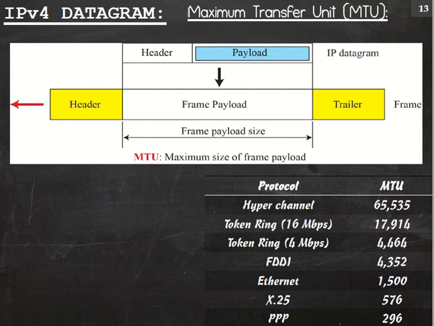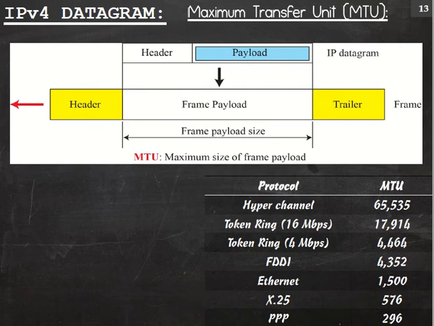One of the features of each format is the maximum size of the payload that can be encapsulated. So that is the feature of each protocol in the particular layer.